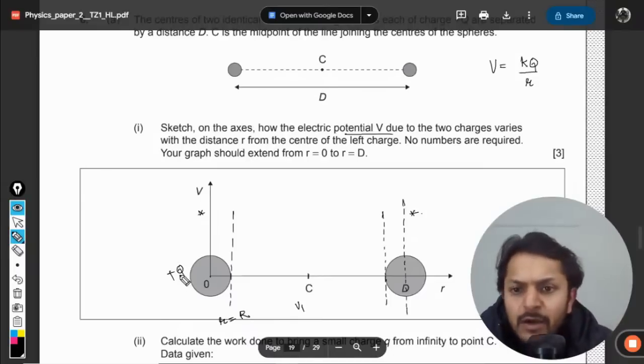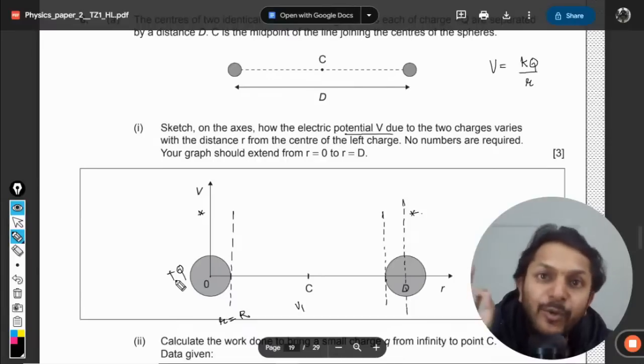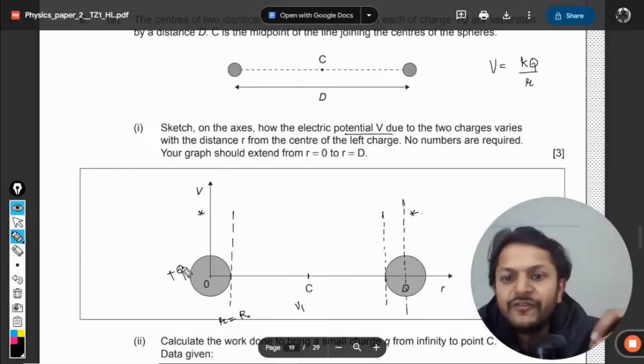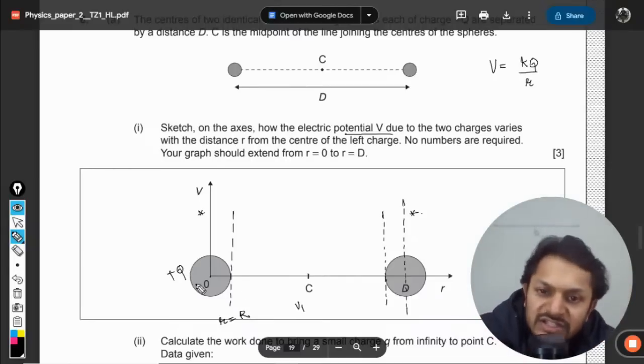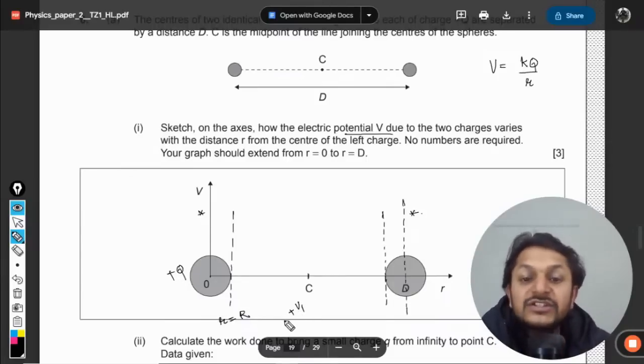The concept is that a positive charge will cast positive potential everywhere around itself. So this is a positive charge, so there is a positive potential created by the first sphere.